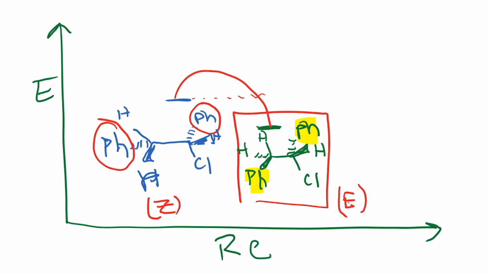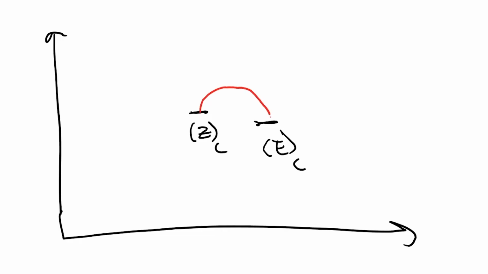Let me redraw this energy profile again. Just to recap, what we have agreed is that the difference between the Z conformer and the E conformer is real. The E conformer, the conformer leading to the E product, is definitely more stable, but the barrier is so low that they freely interconvert.